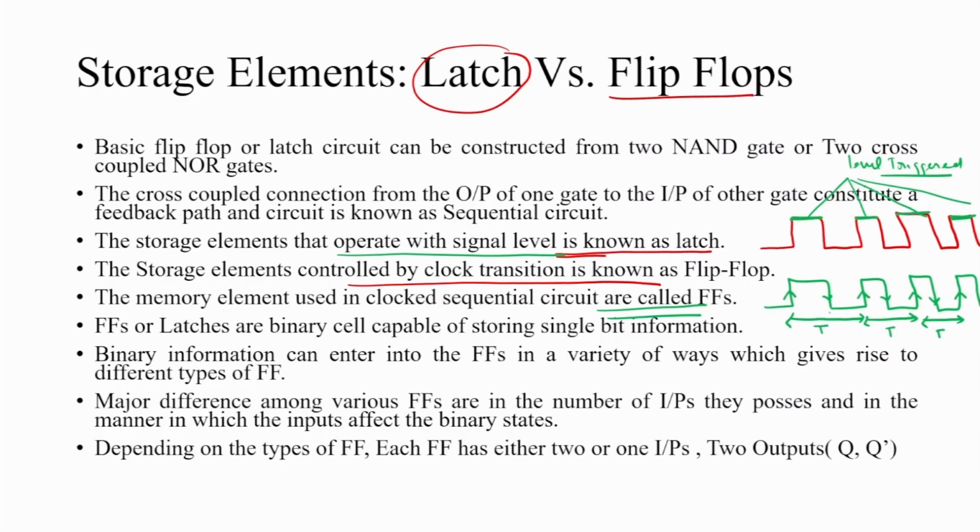This means sequential circuits, meaning flip flops, behave according to the clock pulse. Flip flops or latches are binary cells capable of storing a single bit of information, and they are known as edge triggered.